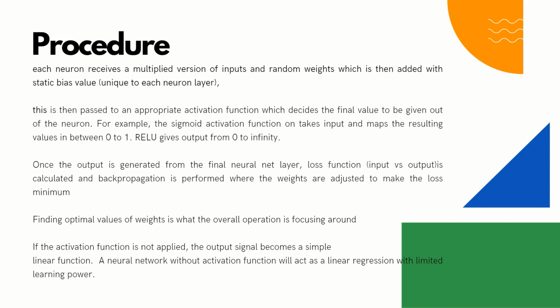The way we have in our example, we have fed input to nodes A, B, C, and D. And once the input is fed, then random weights are allocated based on certain logic. The random weight is then added with a certain static bias value, and that is unique to each neuron.